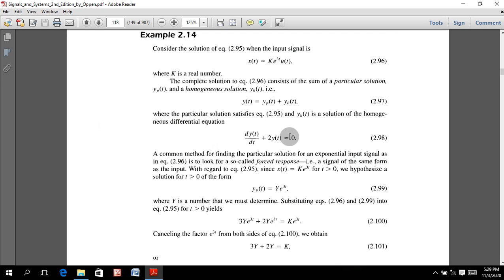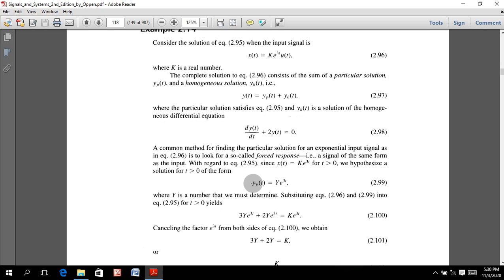In the case of the particular solution, as I have discussed, there will be no input signal, because without the input signal we can check whether the system has any initial conditions or not. So the input signal will be 0. For the particular solution, this is the e to the power 3t.